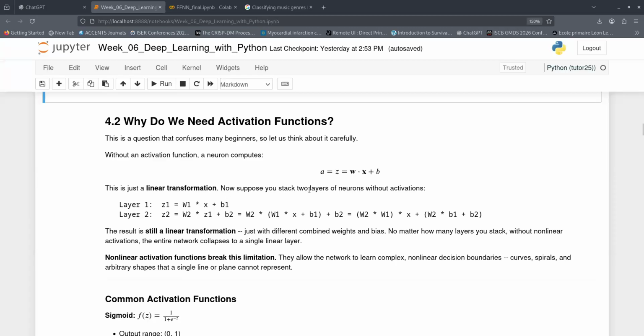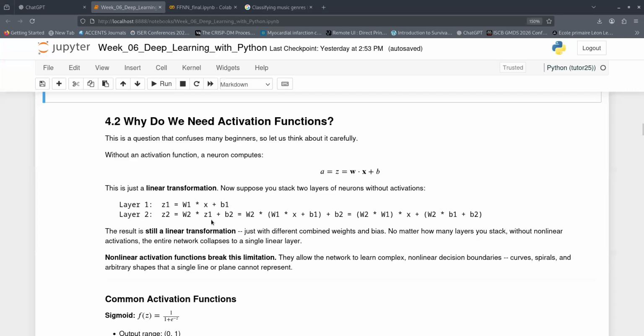Now suppose you stack 2 layers of neurons without activation. You have layer 1, which you write as the weight multiplied by the inputs plus the bias. And you have layer 2, with W2, the weight of this layer, multiplied by Z1 plus the second bias.